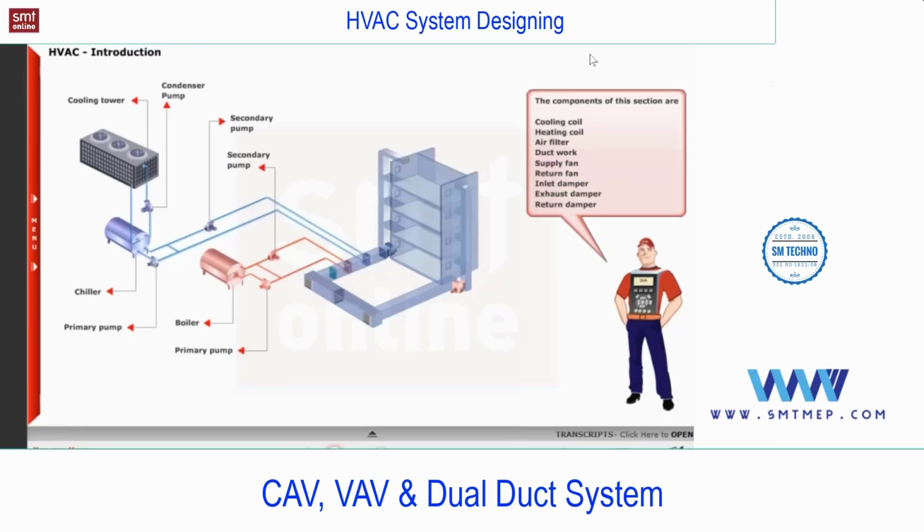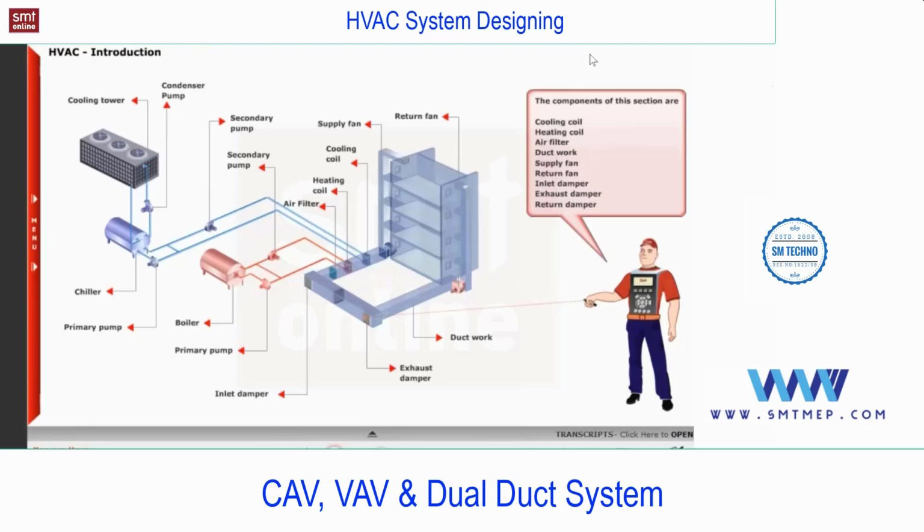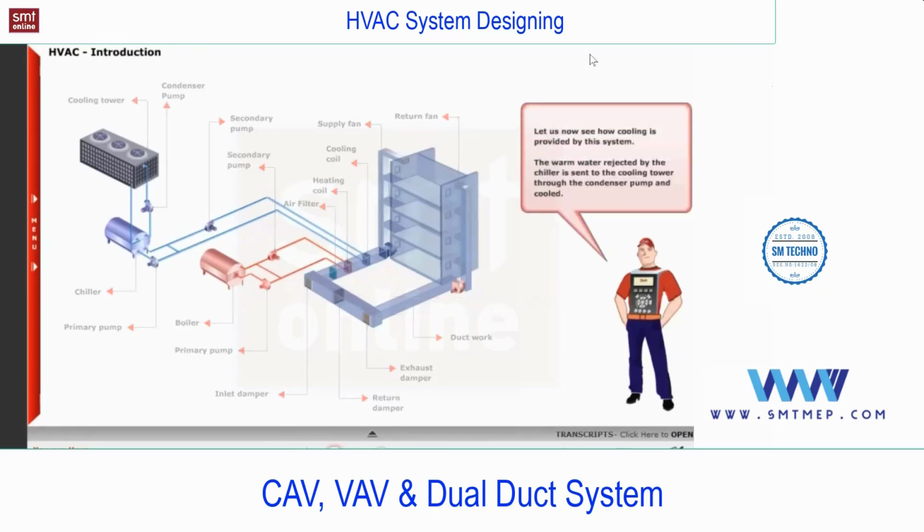The components of this section are cooling coil, heating coil, air filter, ductwork, supply fan, return fan, inlet damper, exhaust damper, return damper. Let us now see how cooling is provided by this system. The warm water rejected by the chiller is sent to the cooling tower through the condenser pump and cooled.